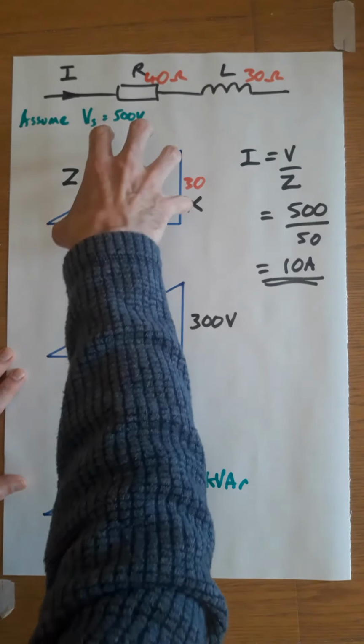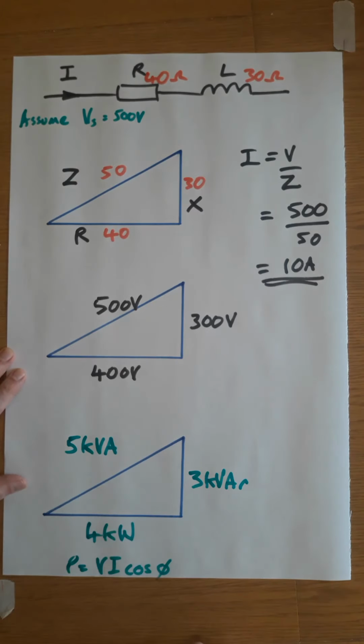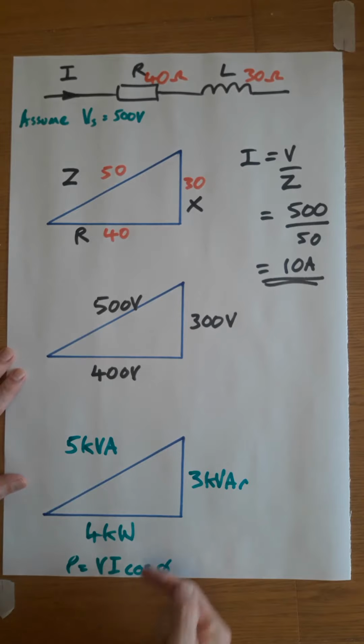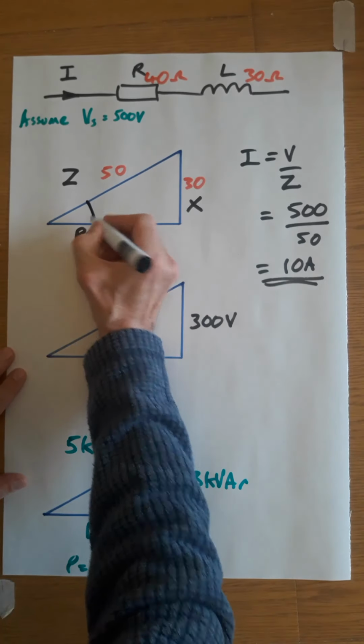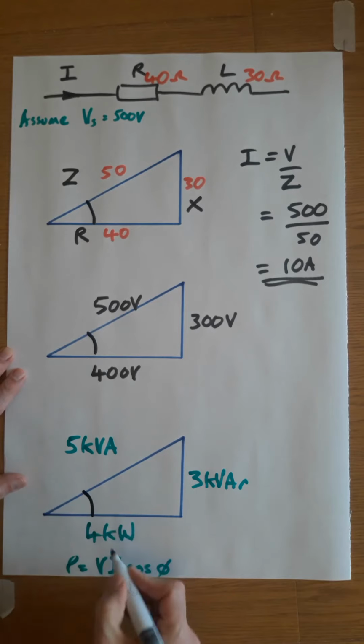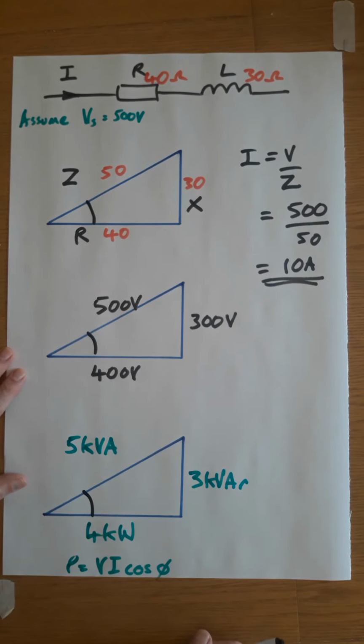The most important ones being the impedance triangle and the power triangle. They're all the same shape, but they can have widely different values on them, but they'll still give you the same answer in every one. If I did 40 over 50, 400 over 500, or in this case 4,000 over 5,000, I would get the same power factor in every one.